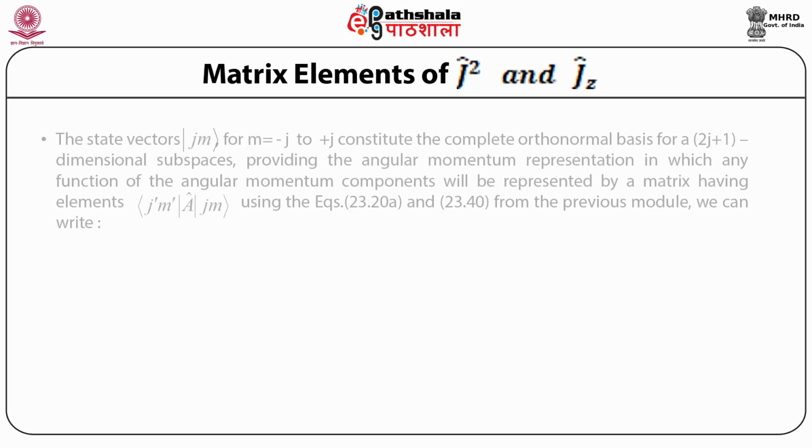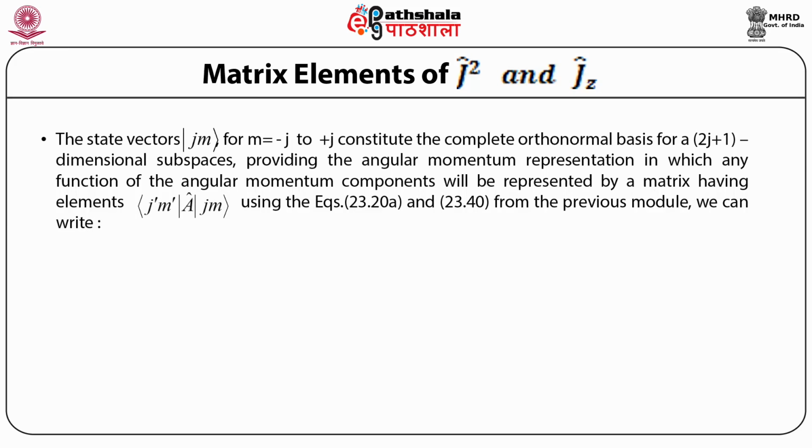If we look at the state vector |j m>, for m having values ranging from minus j to plus j, including 0, where m is the magnetic angular momentum number, then we have the complete orthonormal basis for a 2j plus 1 dimensional subspace.